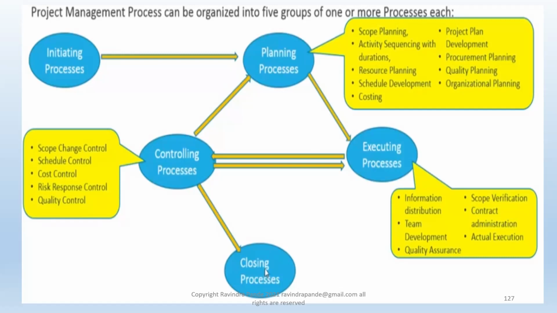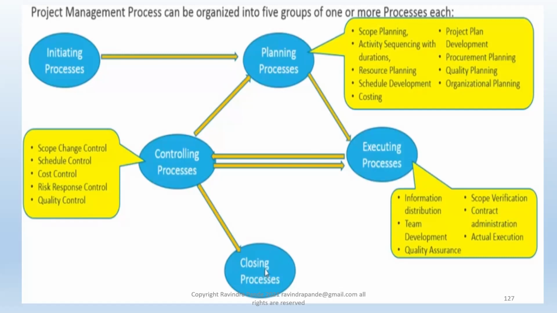In terms of the controlling process group, again, controlling and executing process groups are continuous process groups. You keep doing these things in terms of having better control on a project and having better execution in terms of efficiency, lean cost management, and so on and so forth, following the policies and processes adopted by your organization.